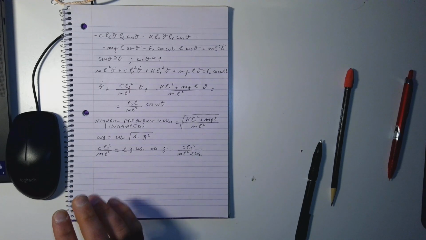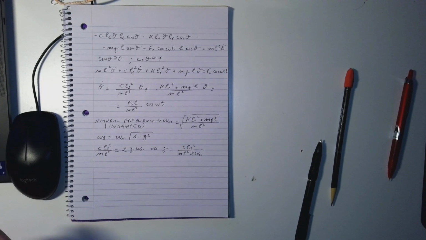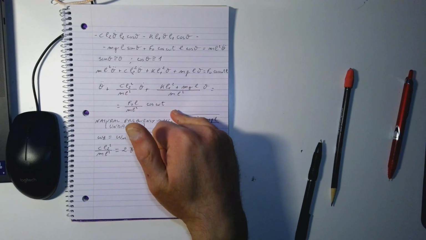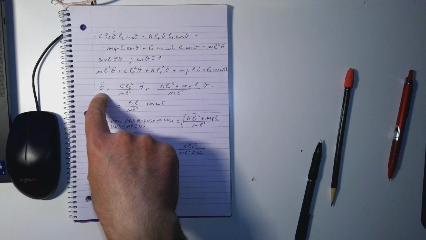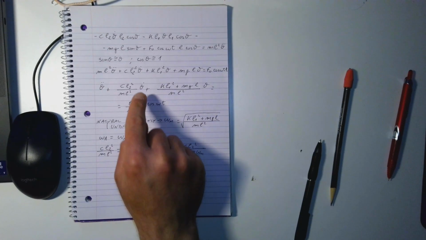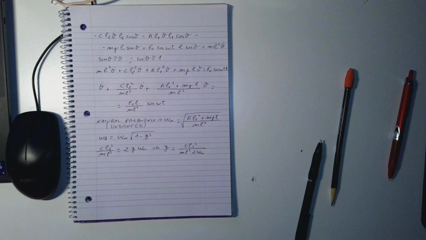Make sense? And then compare the standard form of the equation of motion with the equation of motion that we have, where the coefficient of theta double dot is 1, and then we look at the coefficients of theta dot and theta. Make sense? Questions?